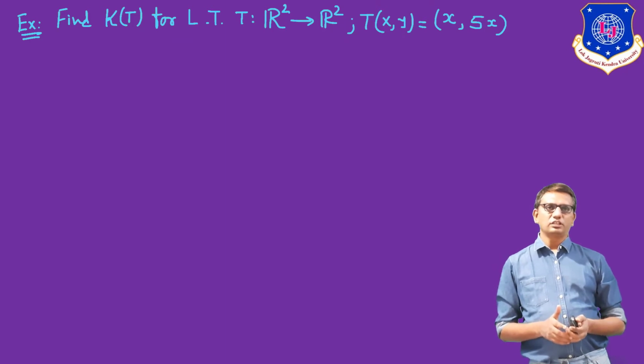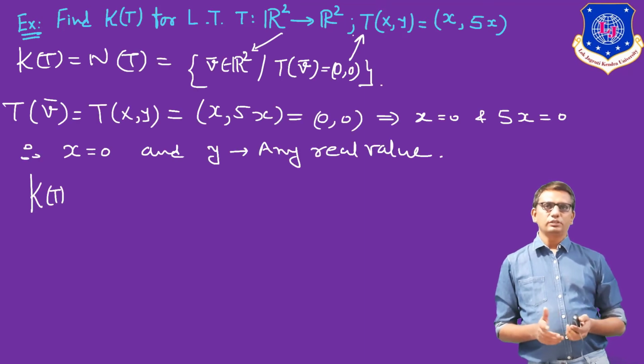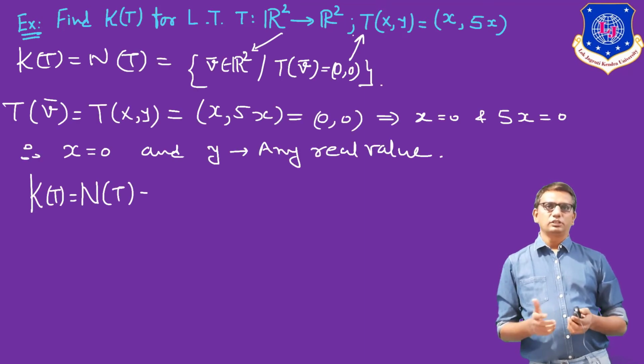And now we will see another example, which looks like this: R2 to R2, T(x, y) equal to (x, 5x). So here kernel of T is like this, and y is any real number.